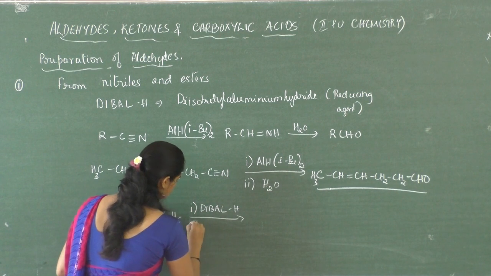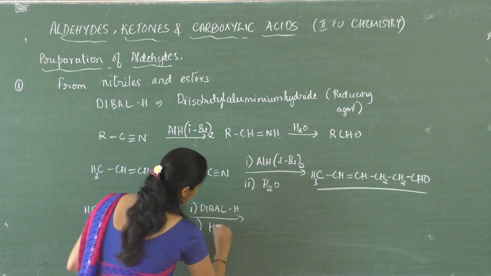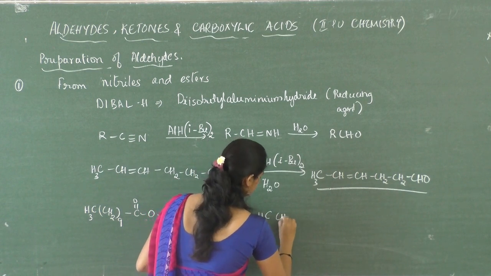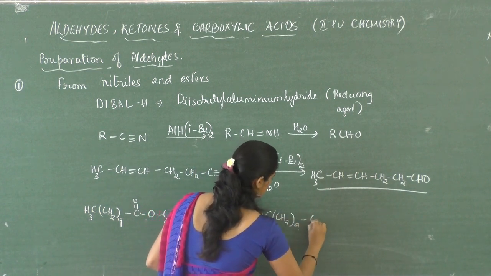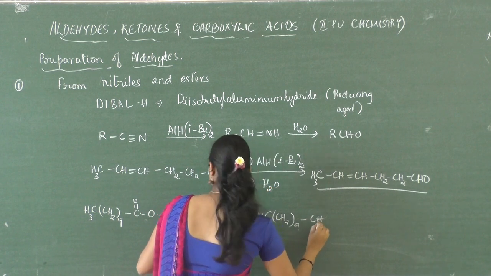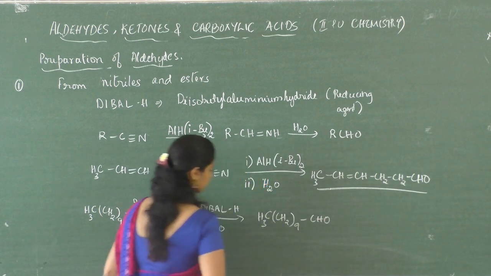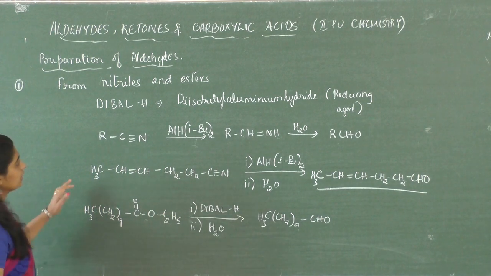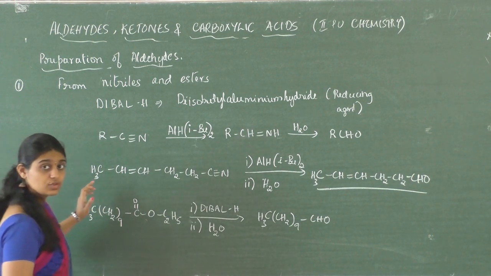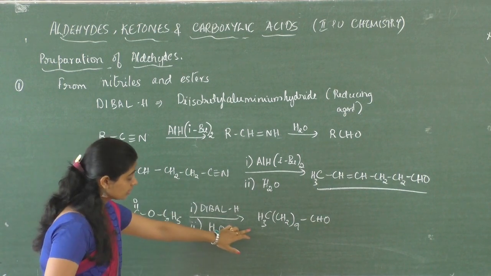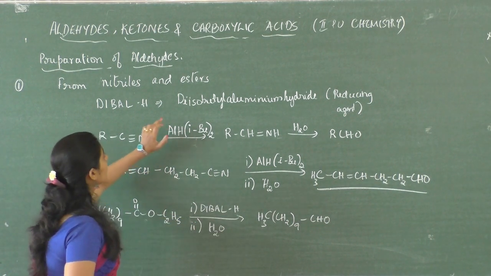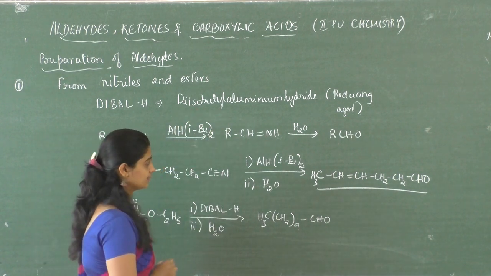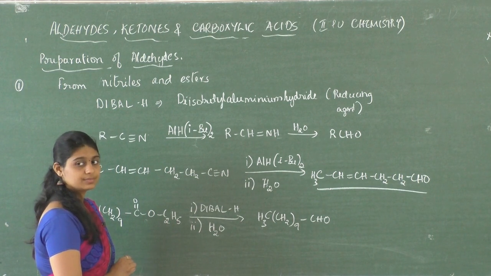Write like this also, which on hydrolysis will give CH3 CH2 9 times CHO. So these are the reactions, or these are the methods of preparation of carbaldehydes by using di-isobutyl aluminium hydride as a reducing agent.